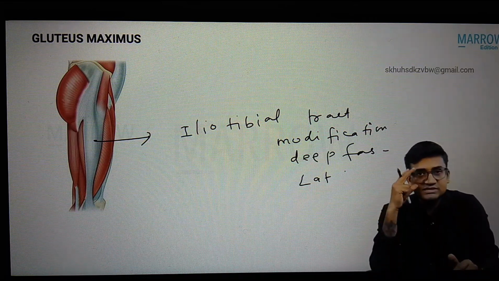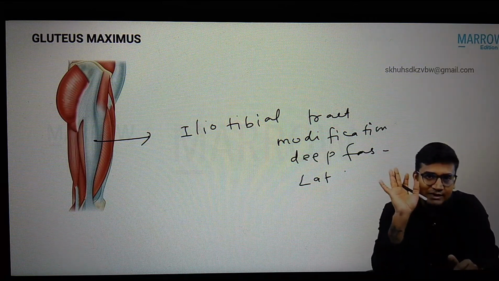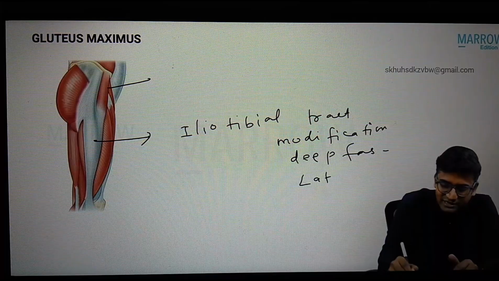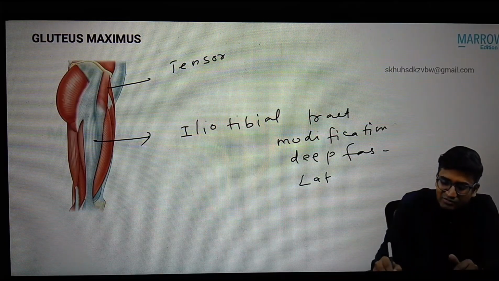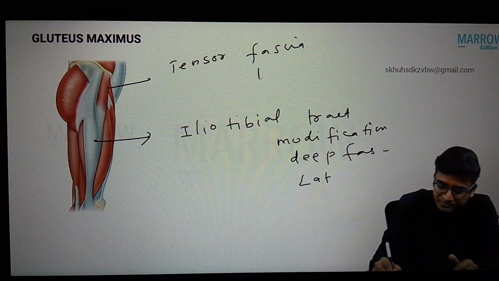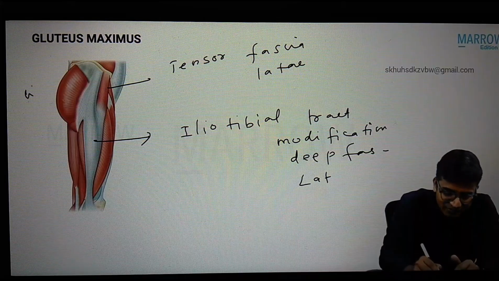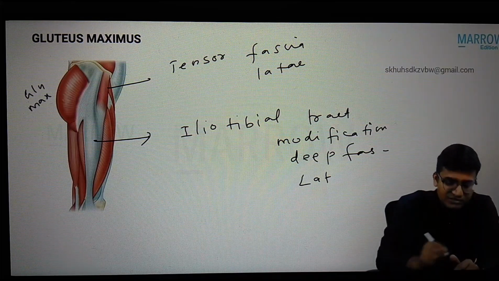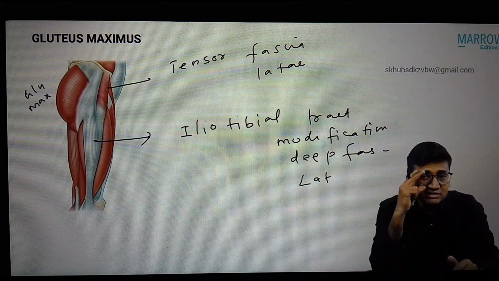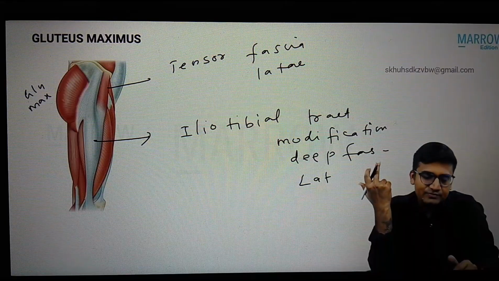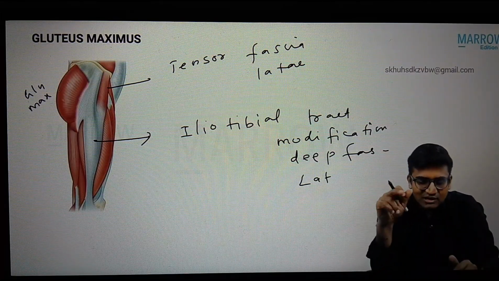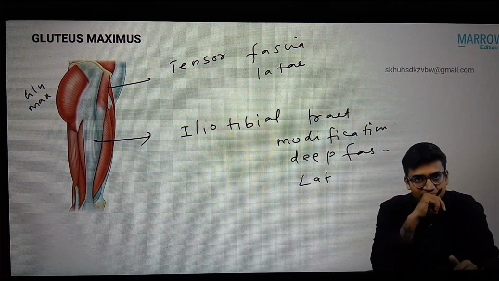Right. Now two muscles attached to the iliotibial tract. One muscle in the front side, that is our tensor fascia latae muscle, and in the back side, gluteus maximus muscle.